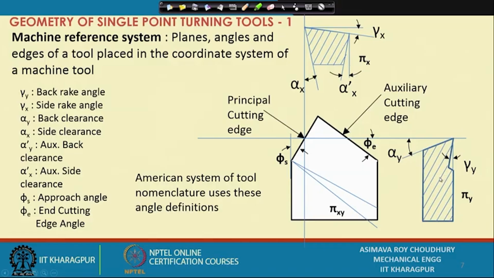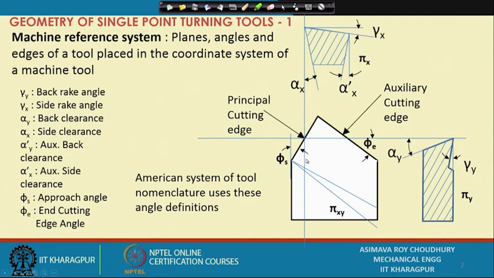When I am drawing this section, 2 angles appear and I name them gamma y and alpha y. You might say, what are these angles? Okay. I can formally define them, but let me give you a basic idea. They give the slant of the rake surface with reference to the pi xy plane or the reference plane.